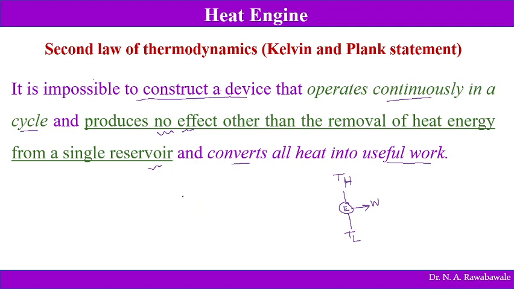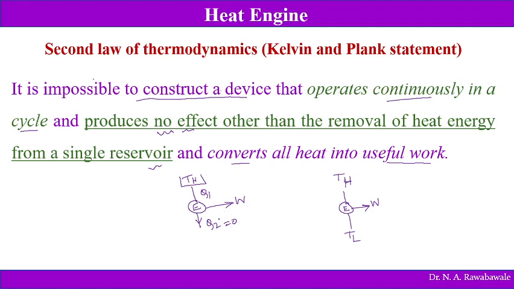That means, if there is a reservoir at higher temperature and a machine absorbs heat energy Q1 from it, and say this is an engine producing work, there is no heat rejected, Q2 is equal to 0.